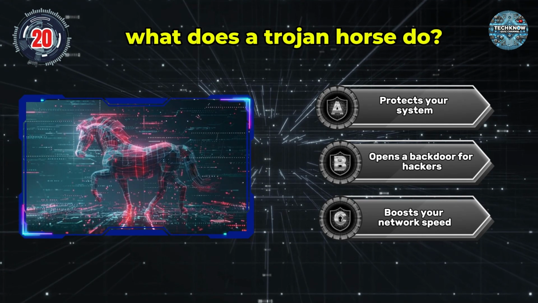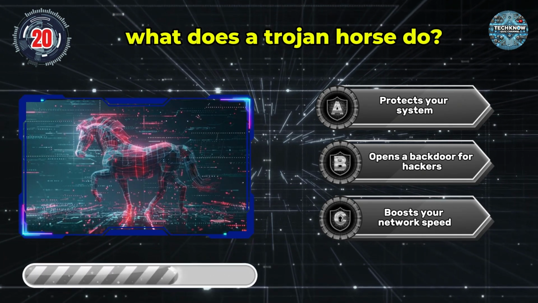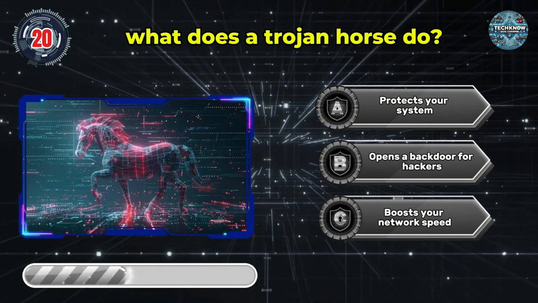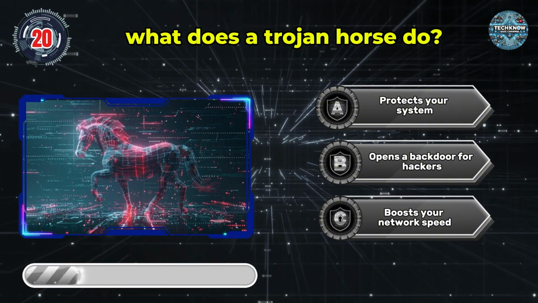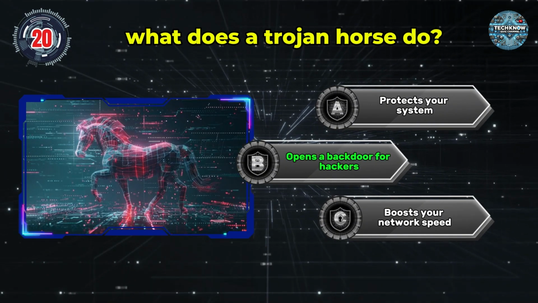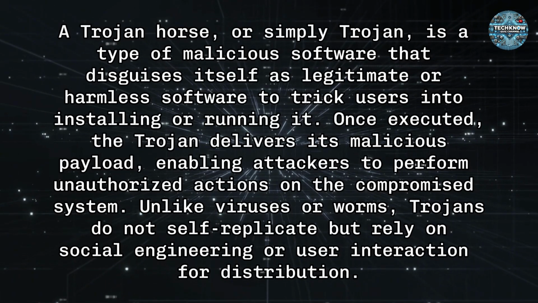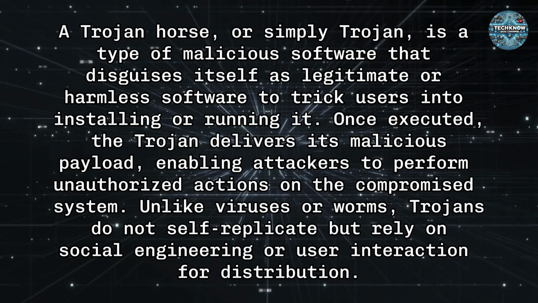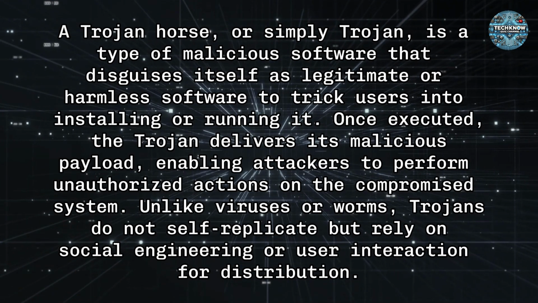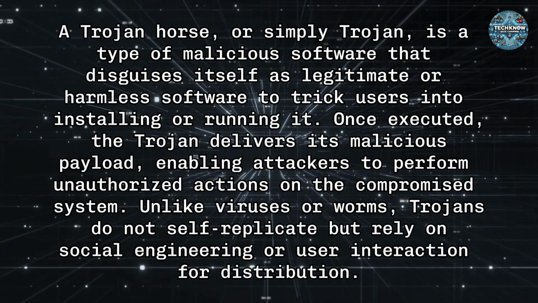What does a Trojan horse do? Opens a back door for hackers. The Trojan horse, or simply Trojan, is a type of malicious software that disguises itself as legitimate or harmless software to trick users into installing or running it.